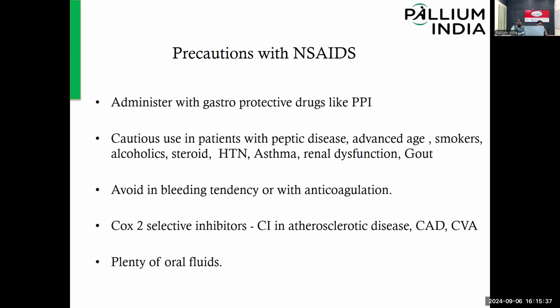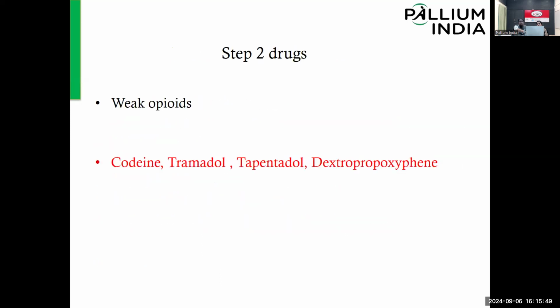The past history is very important. If the patient has any CAD, CVA, or atherosclerotic disease, be very cautious while using COX-2 selective inhibitors, and ask about any bleeding tendencies.